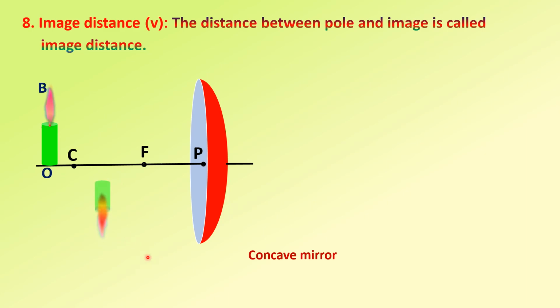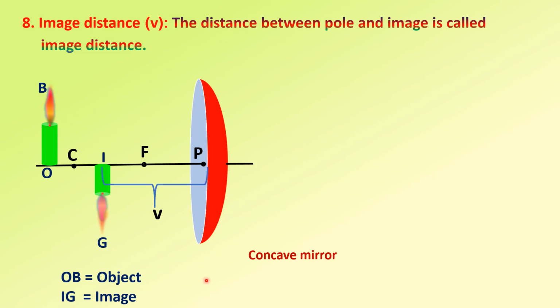OB is the object, and here the image has been formed. So IG is called the image, and from P to I, that is from pole to image, is called the image distance. So it is represented by V.